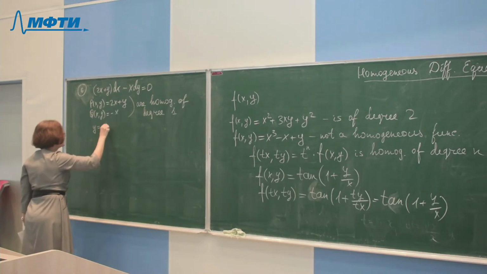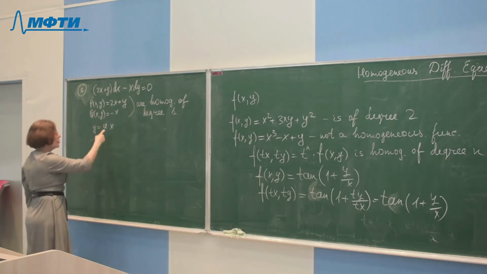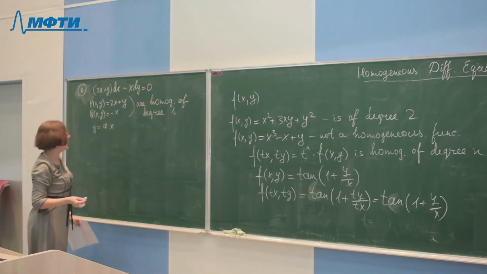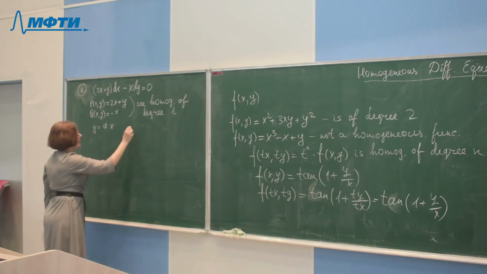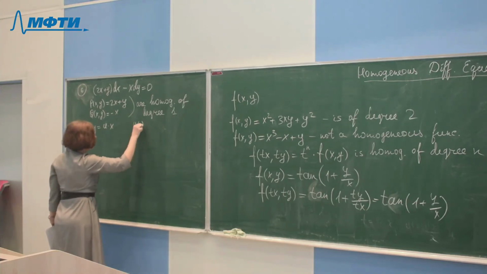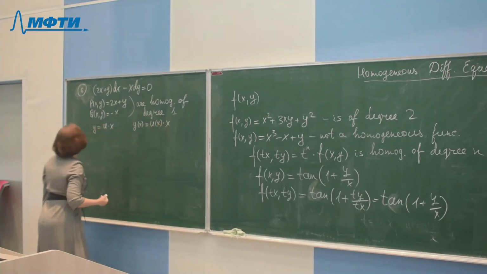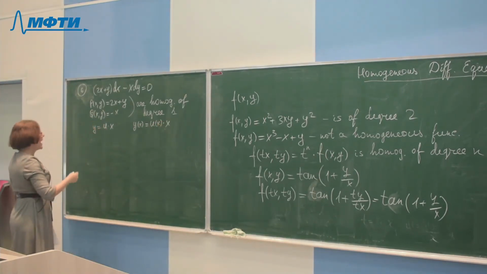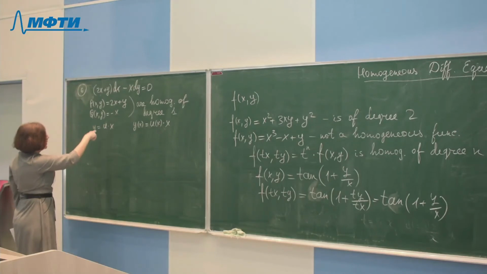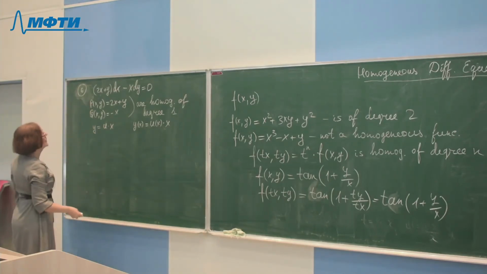So let's try the following substitution: y equals u times x, where u is a new function depending on x. So y of x is equal to u of x times x. Next, I want to substitute this new function u into our differential equation.